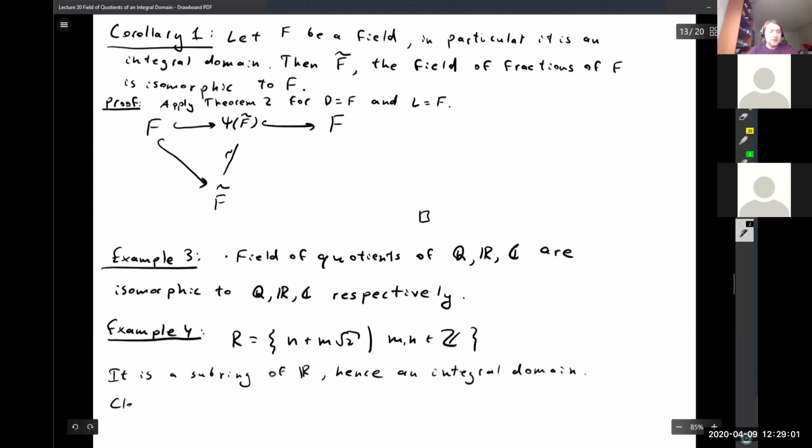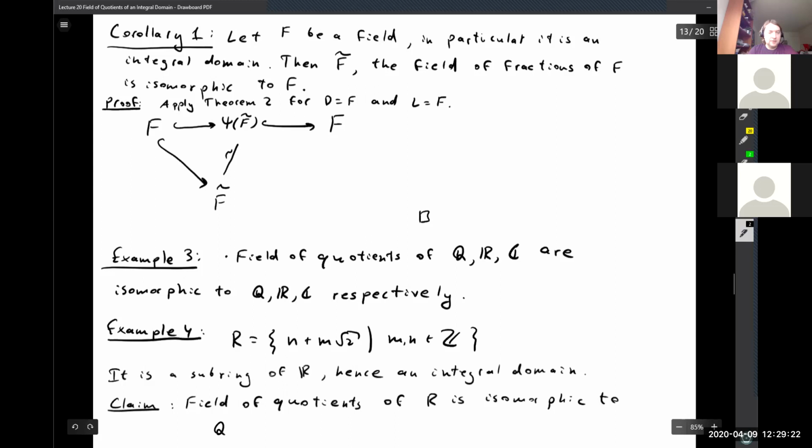Now the claim is, if we look at the field of fractions, well, field of quotients of R, it is isomorphic to the following thing.